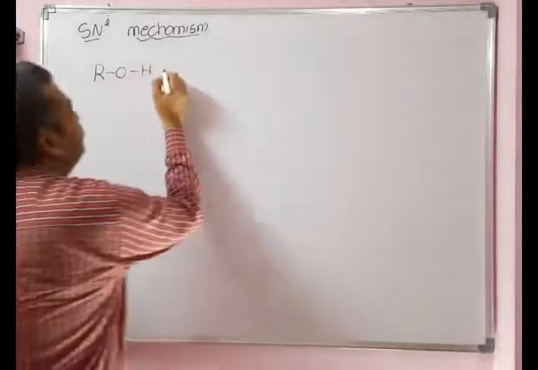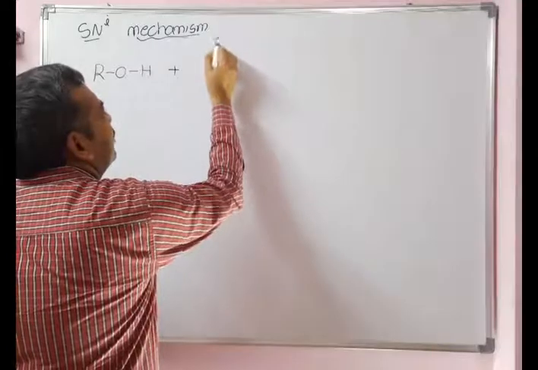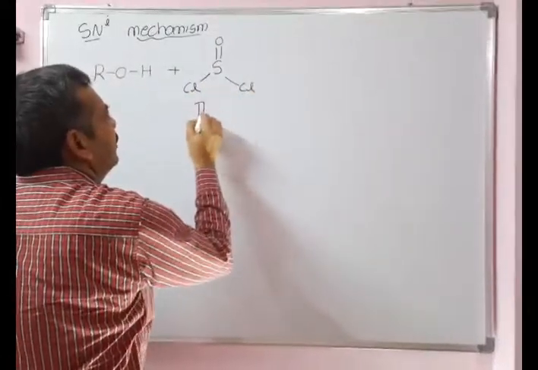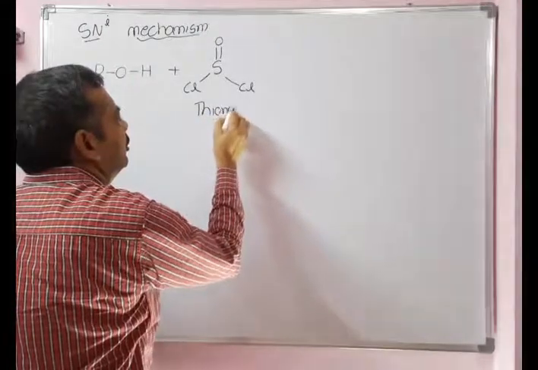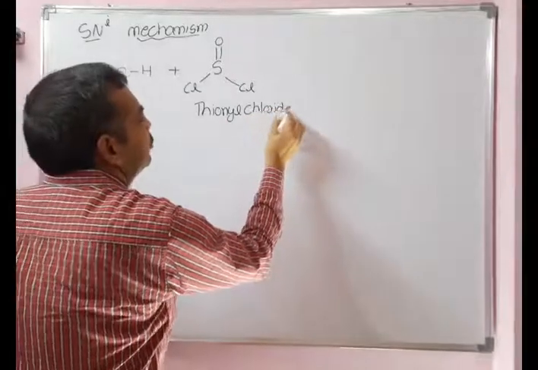Alcohol reacts with thionyl chloride. This is thionyl chloride, SOCl2. Alcohols react with thionyl chloride. What is happening?